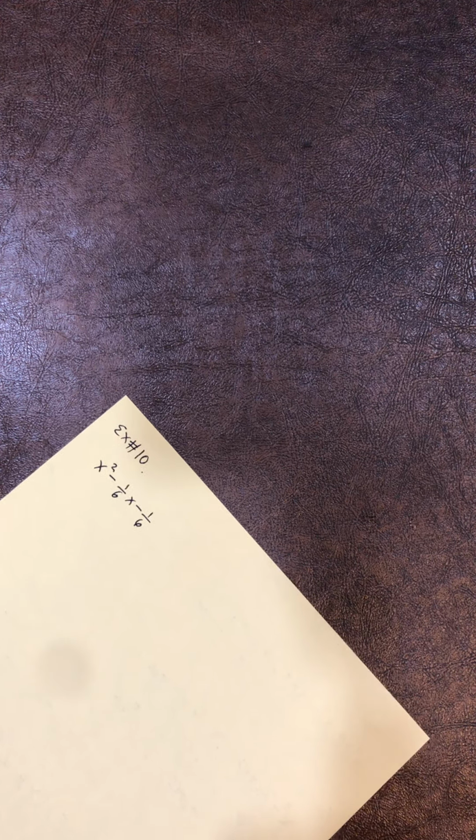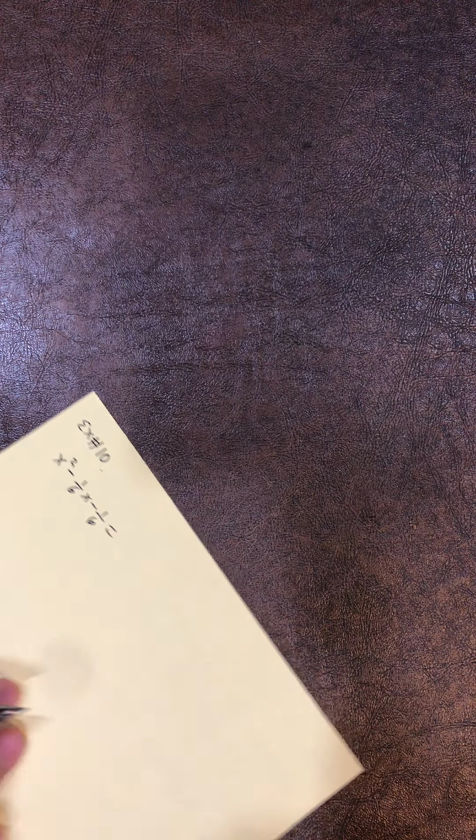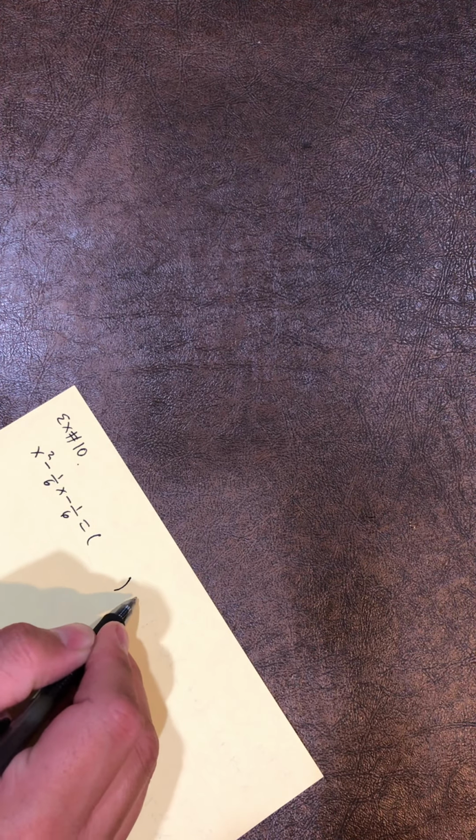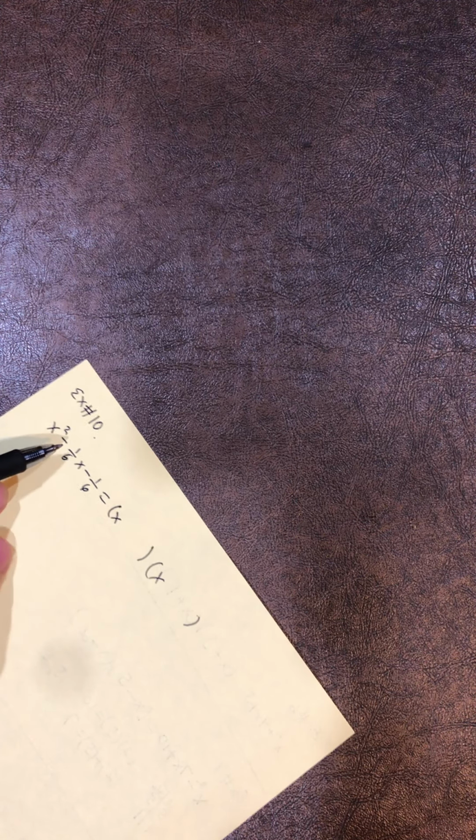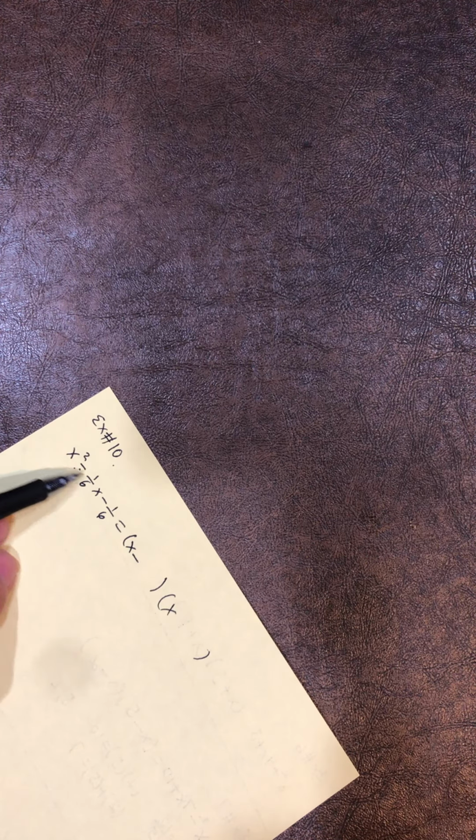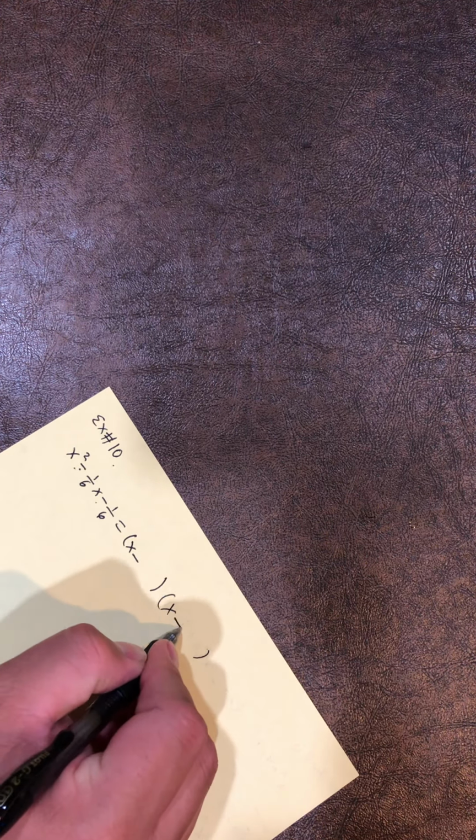But the first thing you're going to do, as before, is write two parentheses and the x. And then, what sign is this? It's negative. We'll write down negative right here. Minus times minus is positive. That's the sign that goes there.